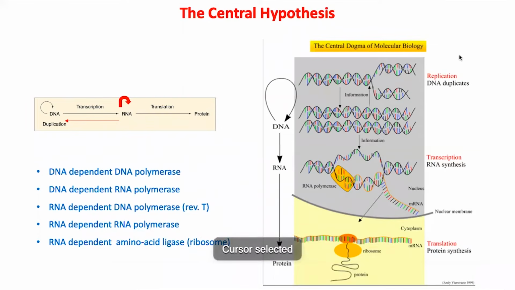Today I basically continue with where I left off. And as I told you in the last class, I'm going to make the central dogma, which is actually a central hypothesis, a sort of keystone in my lectures.